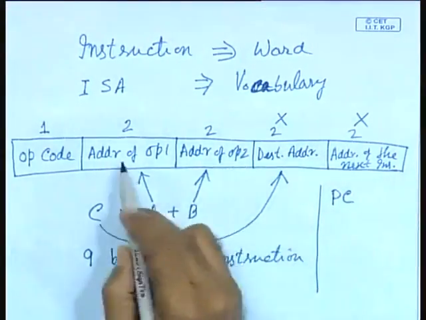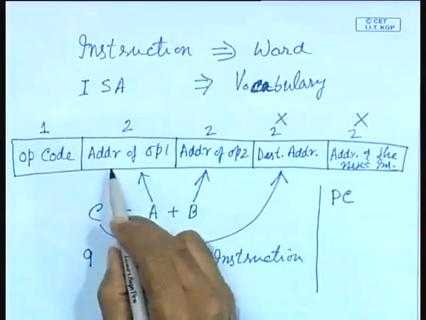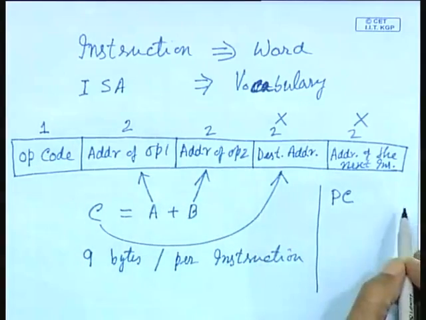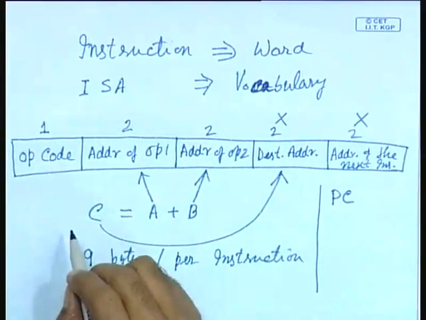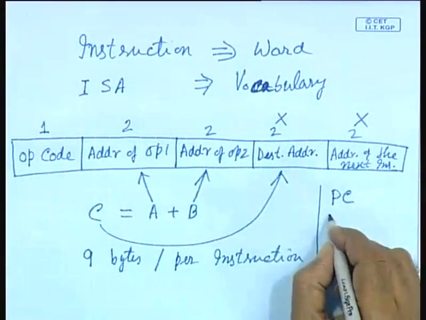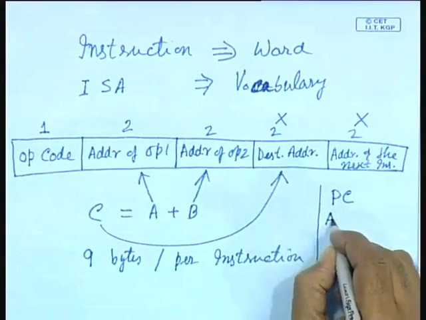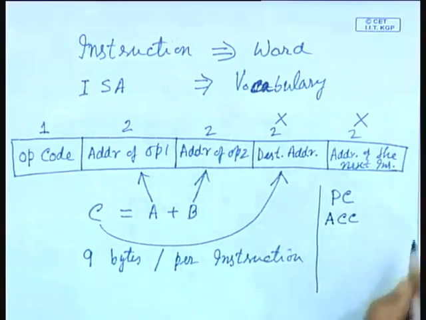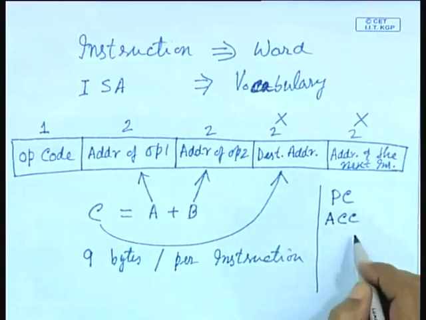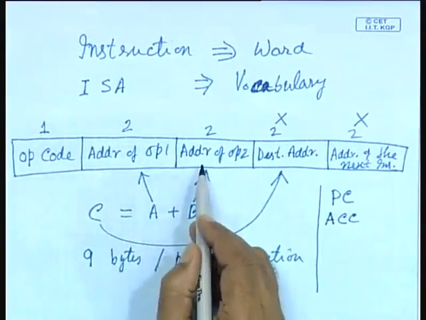Now, the question of these two fields, address of operand 1 and address of operand 2, can you get rid of them? Yes, you can get rid of them in this way. You assume that one of the operands will always be available from a register known as accumulator, ACC. So, accumulator will always hold one of the 2 operands.